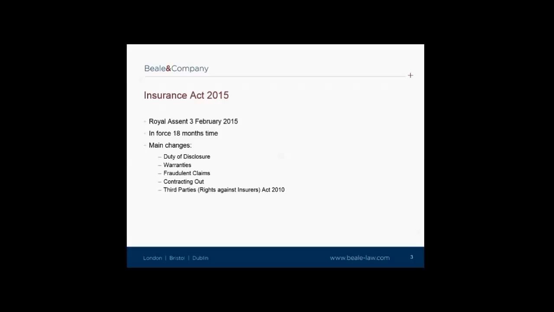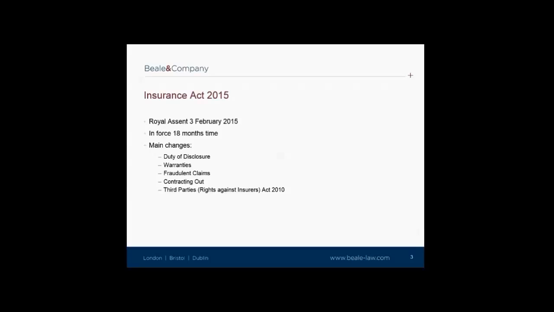Following much consultation, the insurance bill finally received royal assent on the 12th of February 2015. The law will come into force by the autumn of 2016. The provisions will only apply to policies entered into or renewed after that date. This period was expressly set aside to give the market time to make the necessary changes to its policies and procedures.